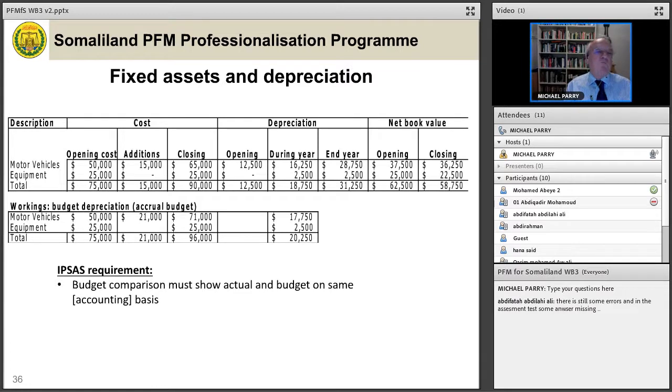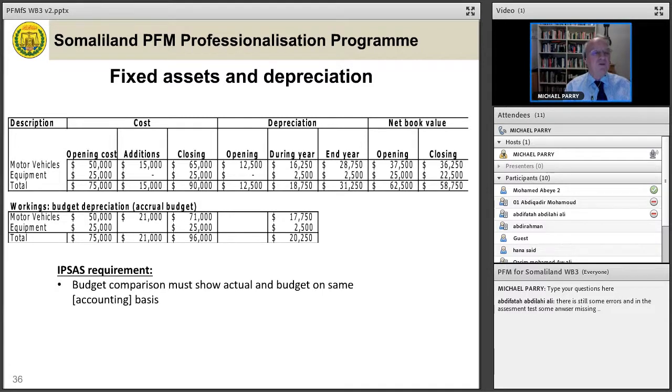On this one, really for simplicity, I've assumed that you've got an accrual budget. Accrual budgets are quite rare. The United Kingdom has an accrual-based budget. New Zealand has an accrual-based budget. Australia has an accrual-based budget. And I think those three are the only countries in the world which have accrual budgets.